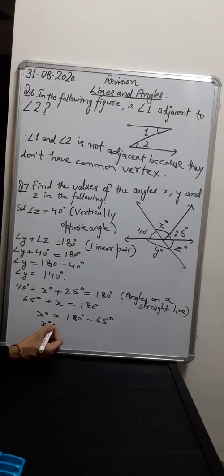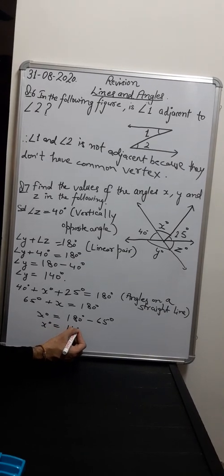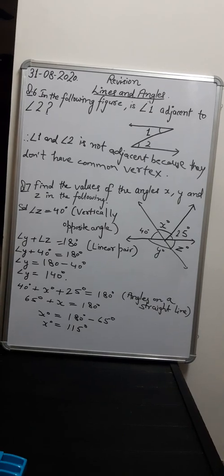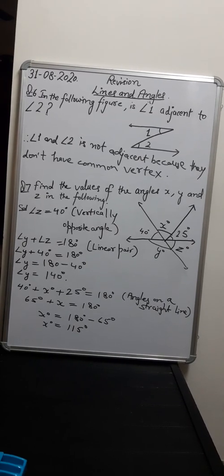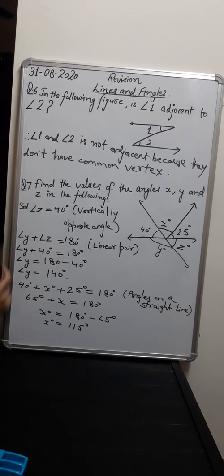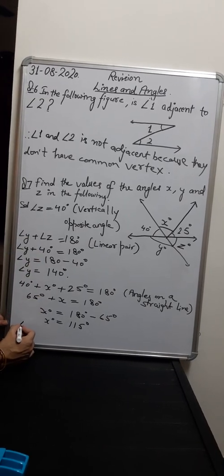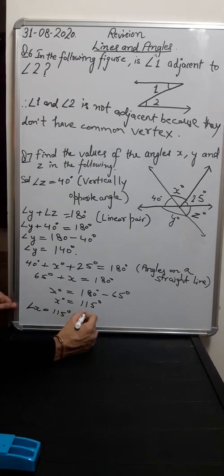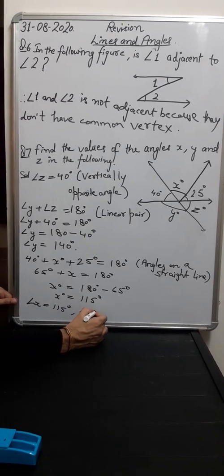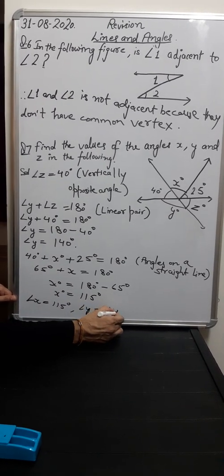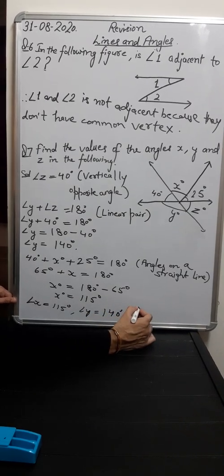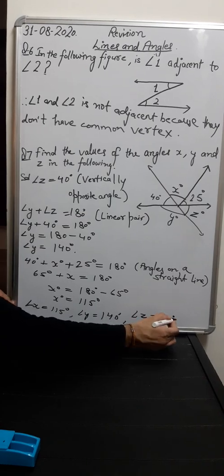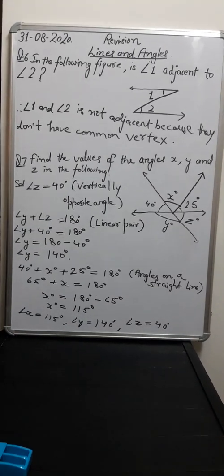So x will be equal to 115 degrees. So here the value of x is 115 degrees, the value of y is 140 degrees and the value of z is 40 degrees. In this way we can find x, y and z.